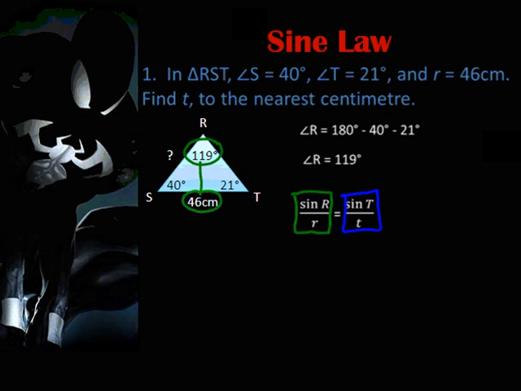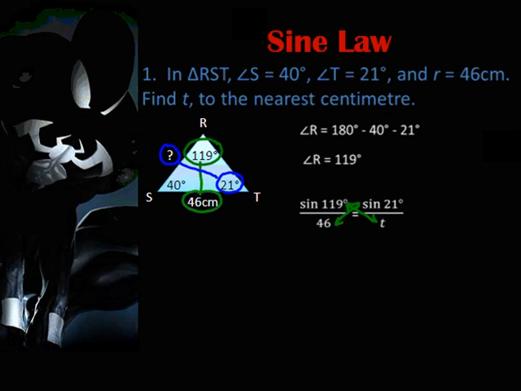So I'm going to set up t's because that's what I'm looking for. Big T is going to be 21 degrees and the little t is going to remain unknown. There you go. I'm thinking that you already know what to do next. Cross multiply.